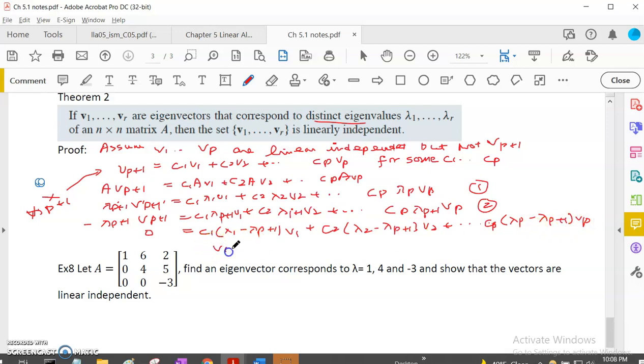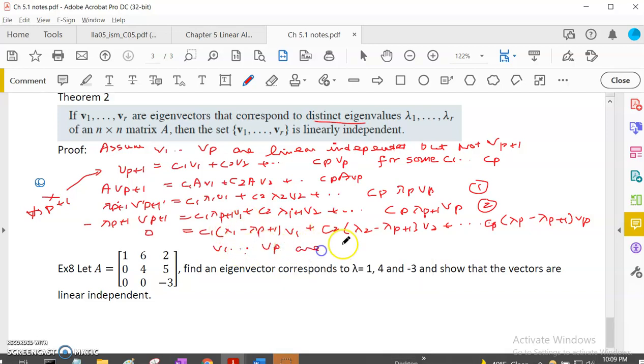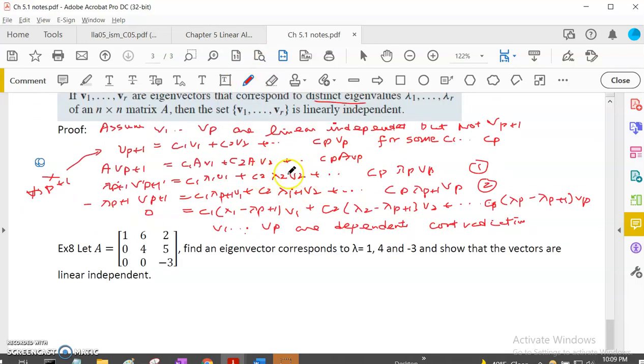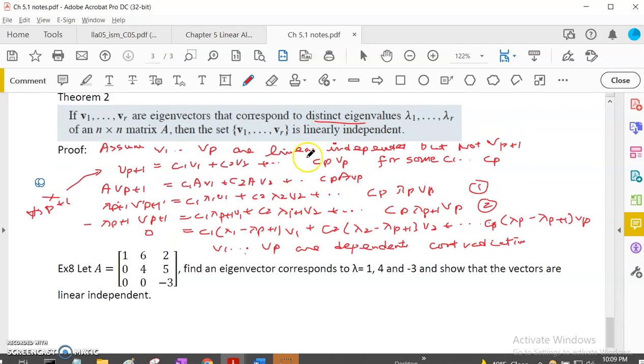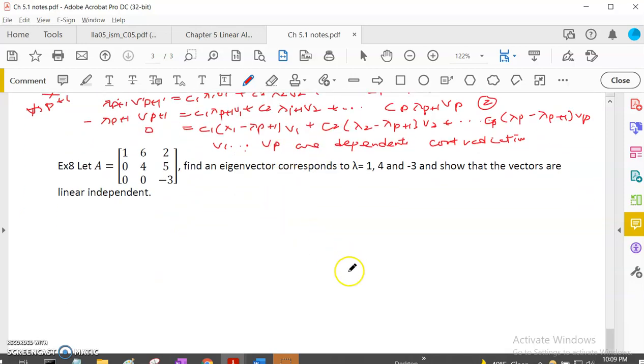This shows that V1 to Vp are dependent, which is a contradiction. So we can say that the whole thing is actually linearly independent. You can read the book, but this is just a proof, so if you don't understand, it's fine. But it shows you that if the vectors are from different, distinct eigenvalues, then they are independent.